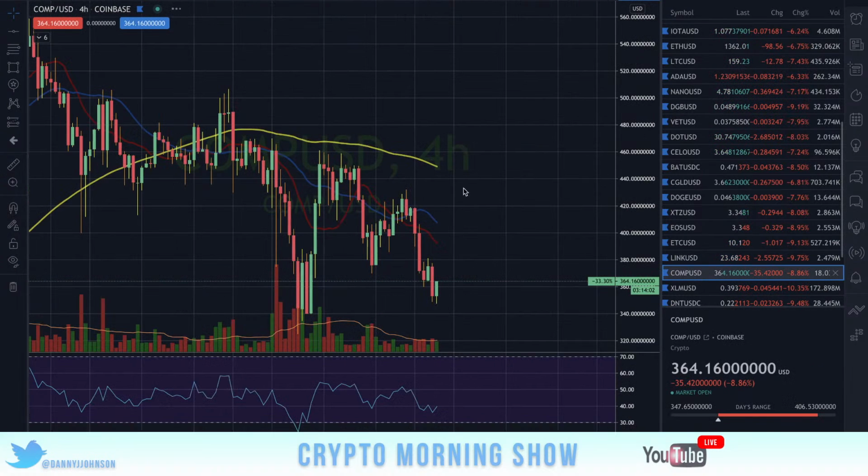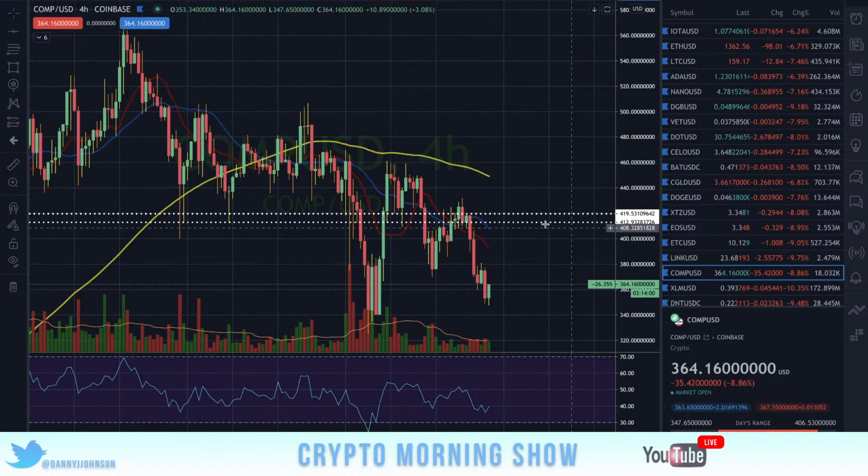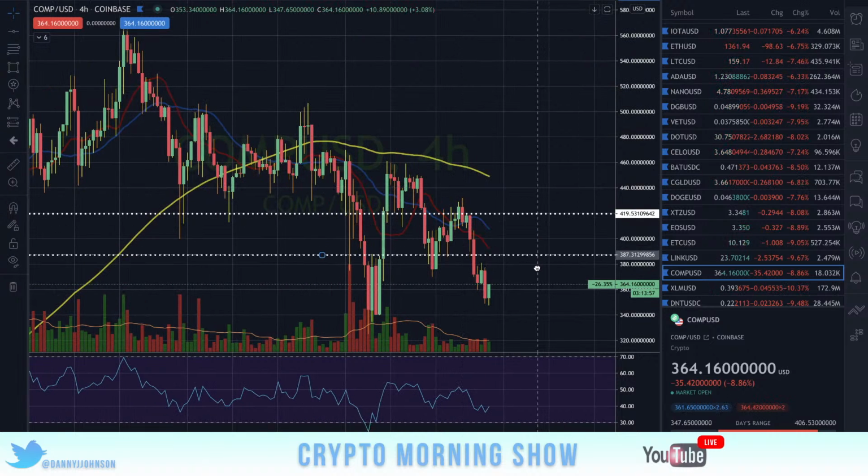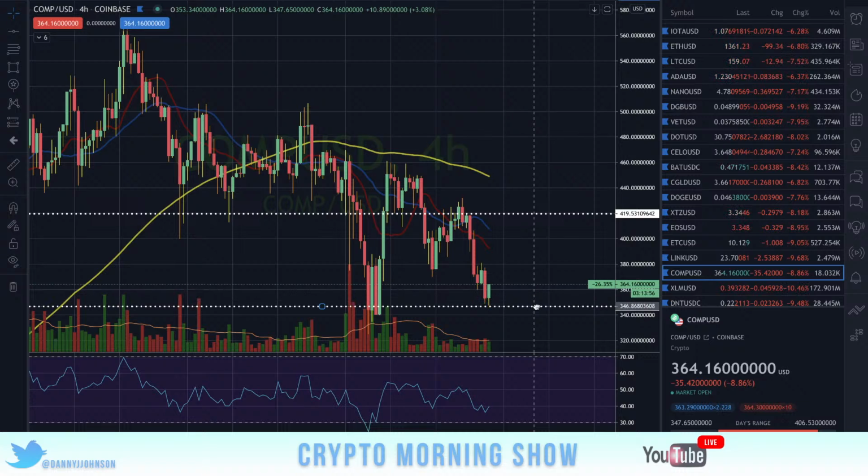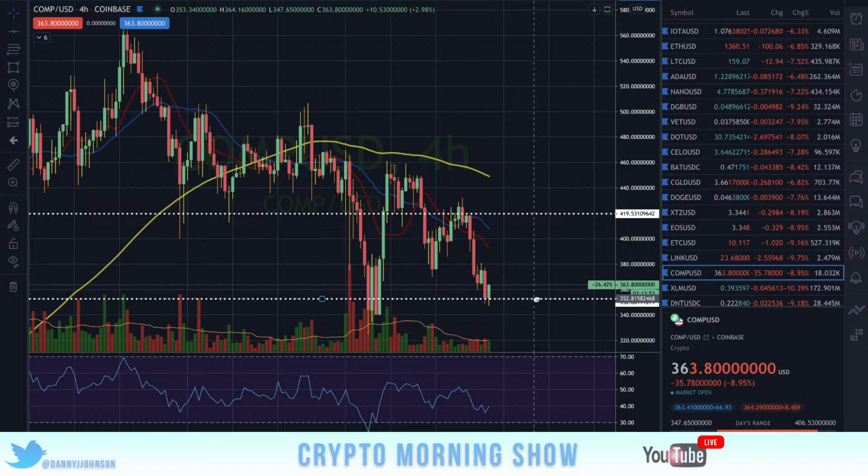Moving on to COMP USD. Could arguably, okay, I'm not even going to try to say that word, sorry. This could be an inverse head and shoulders forming up here, but we're going to look at support at 353.608.